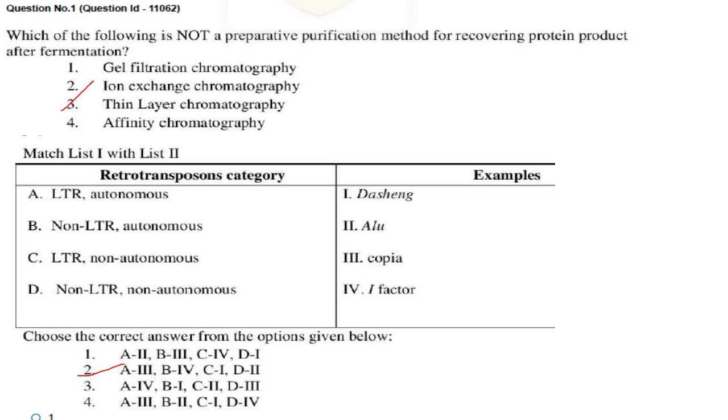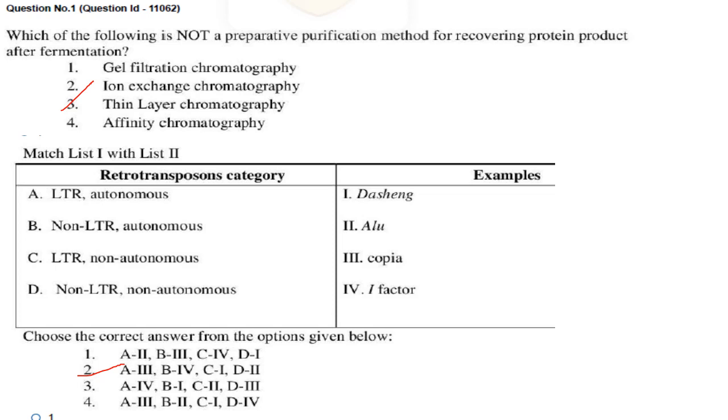Then next one, retrotransposon category and example. So retrotransposons move by the action of RNA intermediates. They produce RNA transcript and they use reverse transcriptase enzyme to convert RNA to DNA, which is then inserted into the target site. There are two major types of retrotransposons, that is LTR and non-LTR.